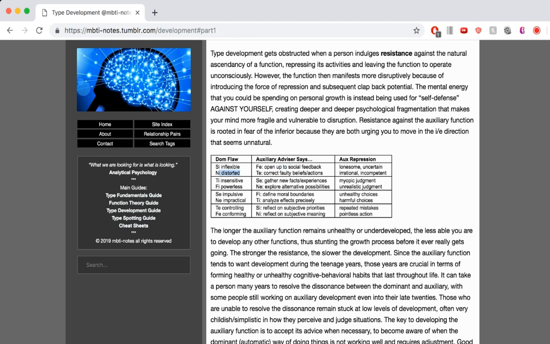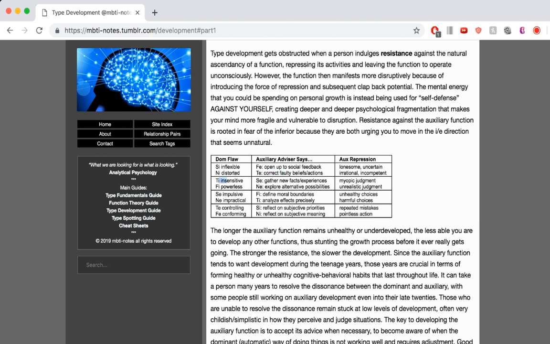If you're NI dominant, you might be distorted because you believe in your own vision. But if you have TE, you can use it to correct faulty behaviors and actions, especially taking action. Your NI is your vision, but if you use your TE to actually do things, over time you'll get feedback from it. You also make progress on your vision.